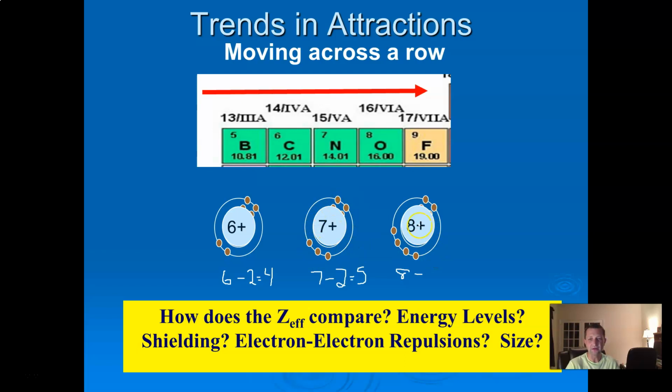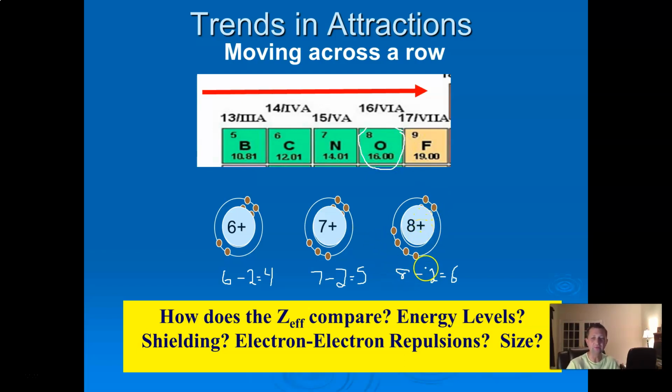And then we have 8 minus, again, 2 shielding electrons. Gives you 6. So the Zeff of carbon is 4, the Zeff of nitrogen is 5, and the Zeff of oxygen is 6. There we go. So you can see that oxygen has a greater attraction. Its valence electrons have a greater attraction to the nucleus.